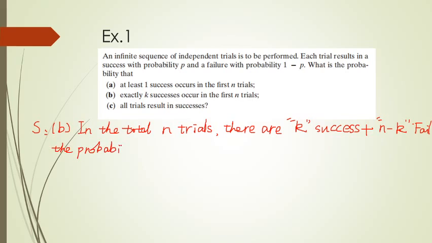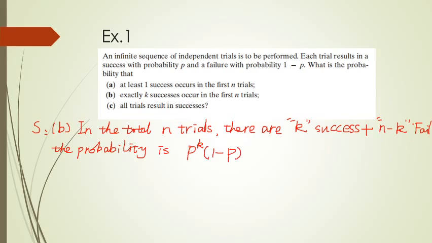I haven't defined the event, okay? If we have K successes, then for those trials we will have p times p times p, so the exponent is K. And then the N minus K trials are failures. What is the probability for the failure?